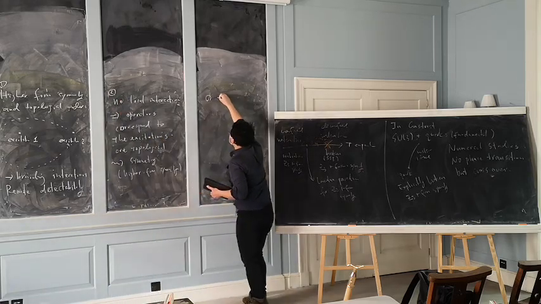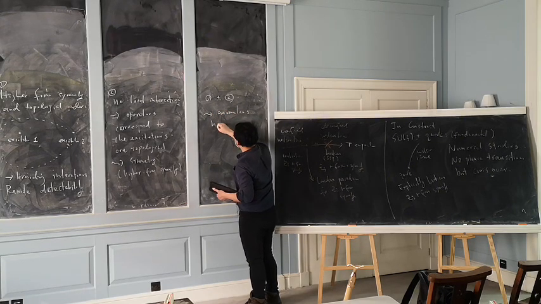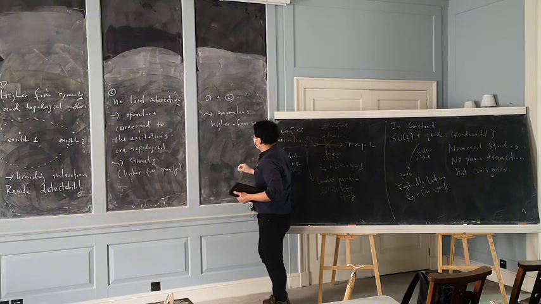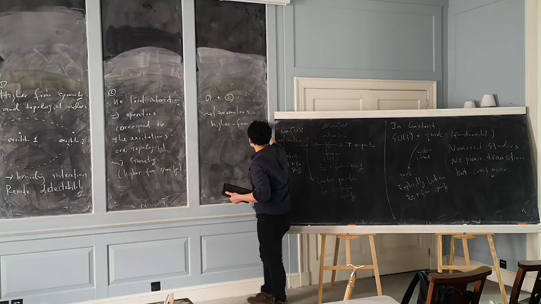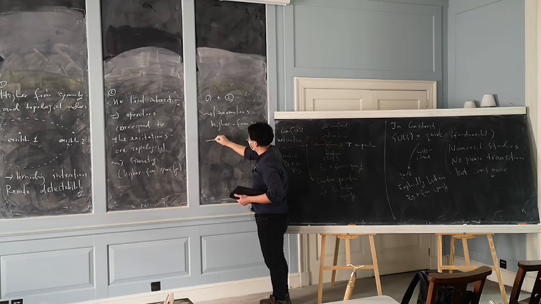Number 1 plus number 2 tells you that you have anomalous higher form symmetry. So you can, loosely speaking, relate topological orders to anomalous higher form symmetry.